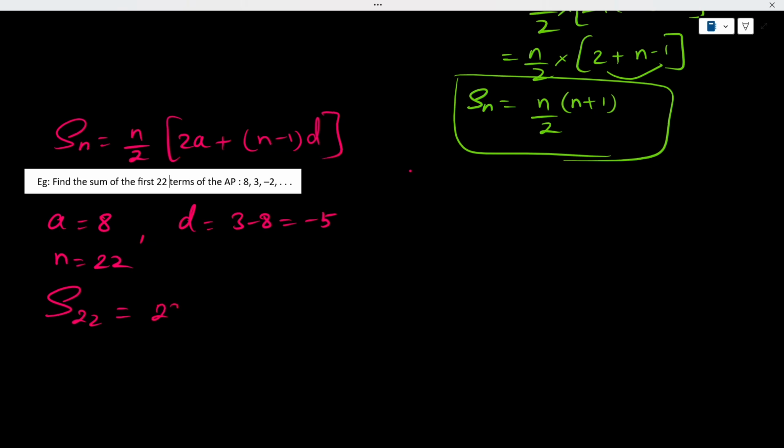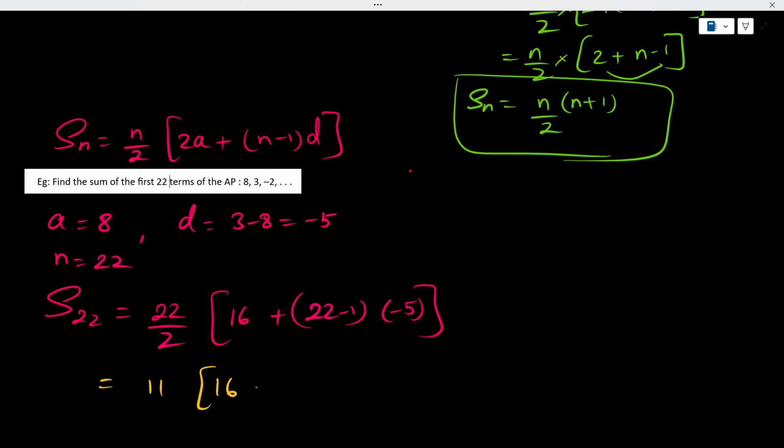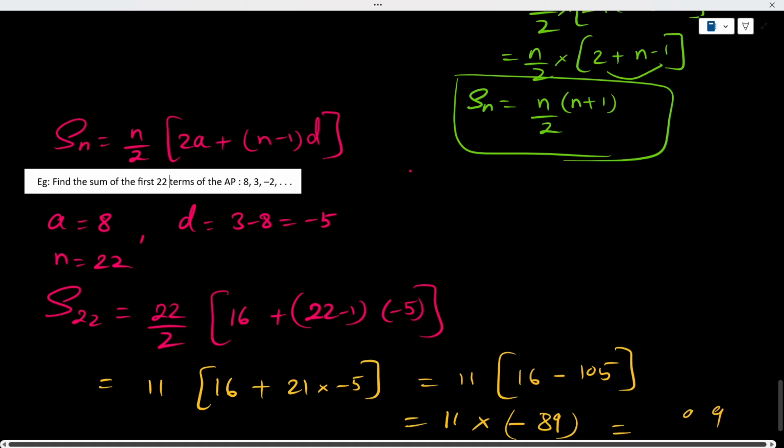If I take it here, 2a will become 16 plus (22 minus 1) times minus 5. If you simplify further, you get 16 plus 21 times minus 5, and the answer is going to be minus 89... the answer as stated is 97. So this is going to be your S22.